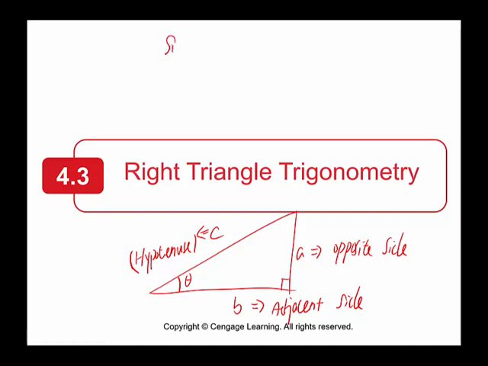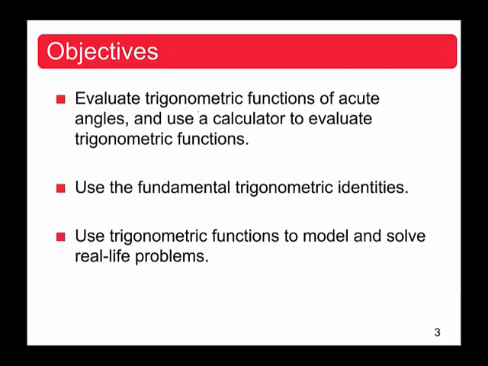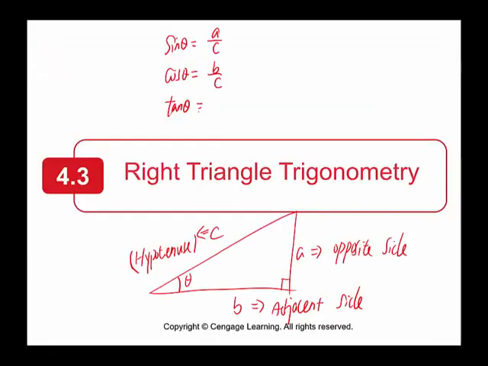So sine theta equals opposite side over hypotenuse, which is A over C. Cosine theta equals adjacent side over the hypotenuse side, so B over C. Tangent theta is equal to opposite over adjacent, so A over B.